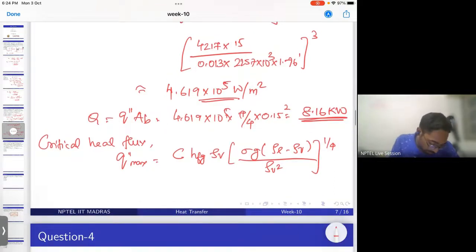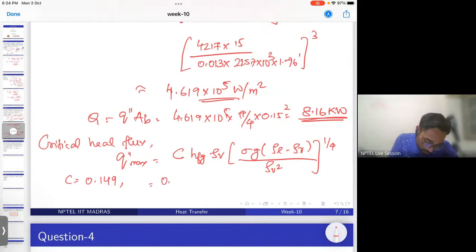Then for C, usually we use 0.149, which gives a better agreement with experimental data for large horizontal plates. So we will use C equal to 0.149.